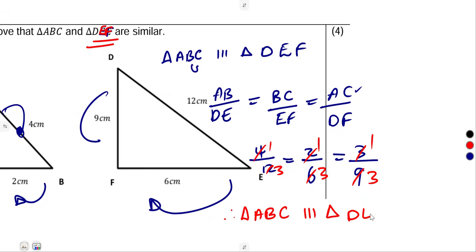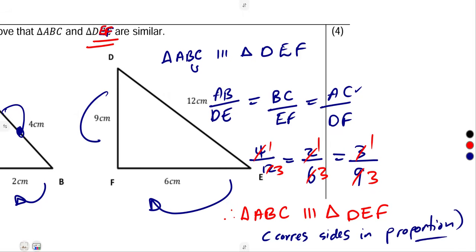So that is how it was supposed to be given. The reason being that corresponding sides are in proportion. So you can just write it in short as corresponding sides in proportion. We can have it that way.